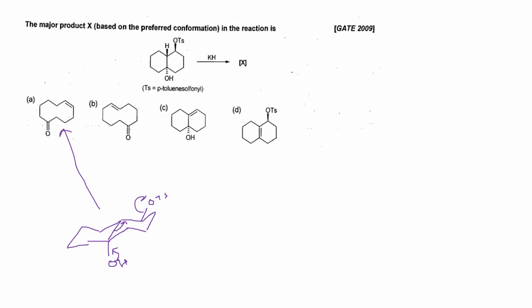As there is no H available, in presence of base, H minus will deprotonate this OH, and this carbon-carbon bond acts as the bond that breaks instead of the carbon-hydrogen bond, and eliminates OTS from the system. So in case of elimination, normally the CH bond gets broken and eliminates the leaving group, whereas in this case the carbon-carbon bond will be broken and it will eliminate the leaving group from the system.